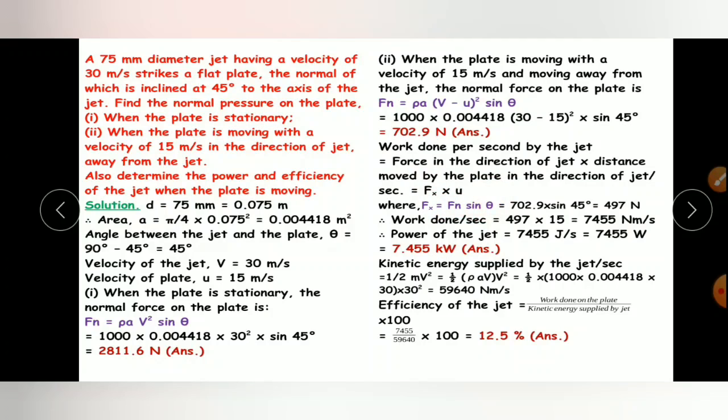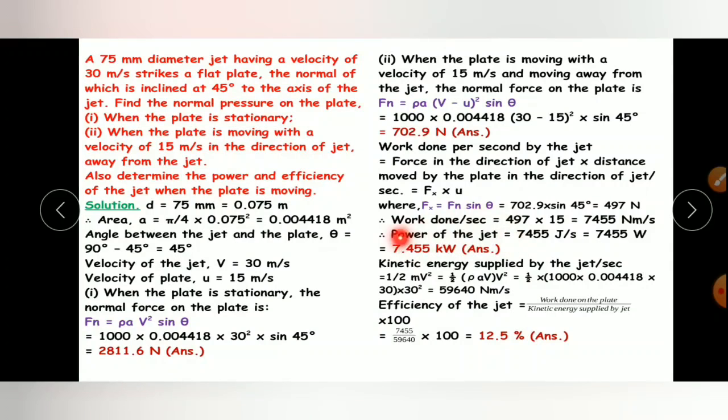Because the plate is moving in the direction of the jet, work done equals the force in the direction of the jet into the distance moved by the plate per second, that is Fx into u. Fx equal to 497 Newton and u equal to 15 meter per second. Therefore work done per second equal to 497 into 15 equal to 7455 Newton meter per second.